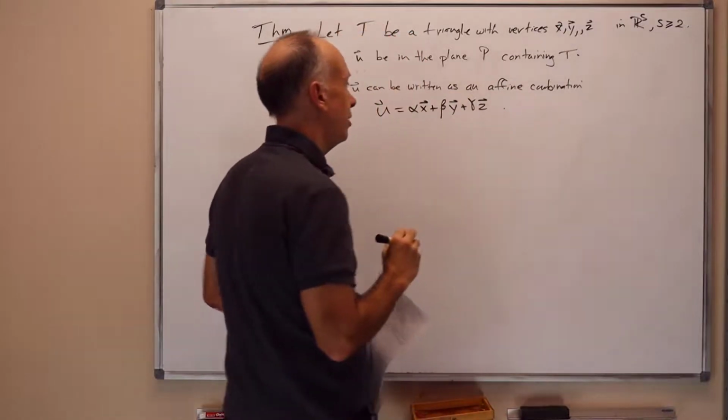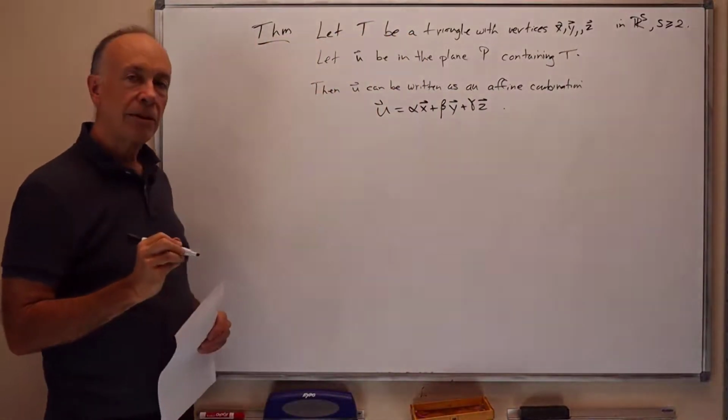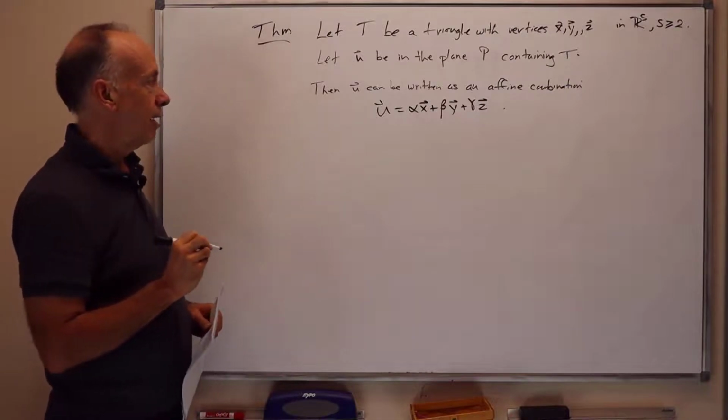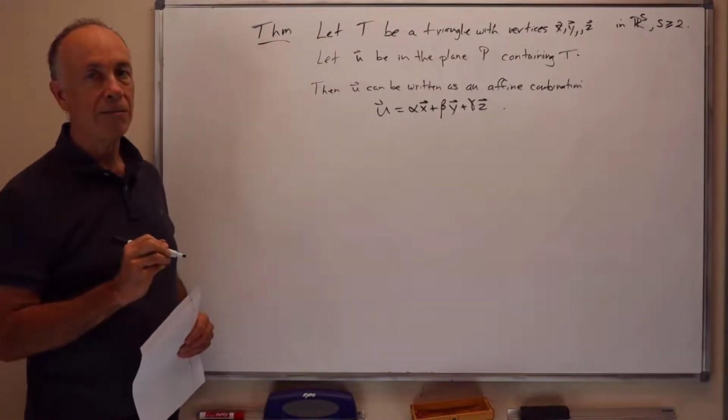And what that means, of course, is that alpha plus beta plus gamma equals 1, but there's no requirement that they're non-negative. In fact, if you're outside the triangle, at least one of them will be negative.